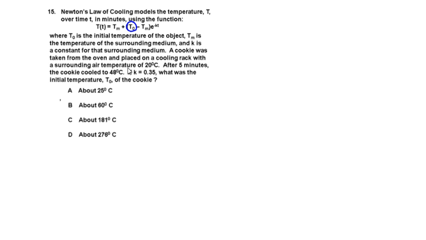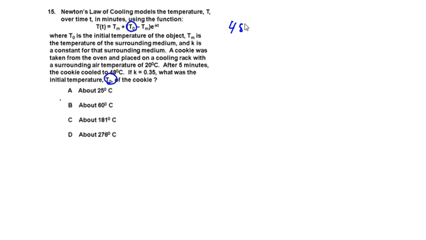Anyway, we're trying to solve for t sub 0 because that's what we're being asked, and we have this long formula with all these things in here. So let's go ahead and set this up. We're going to have a final temperature of our cookie that is cooling, 48 degrees.